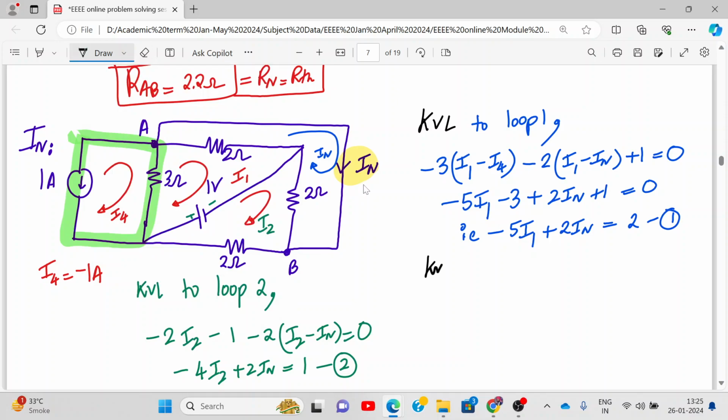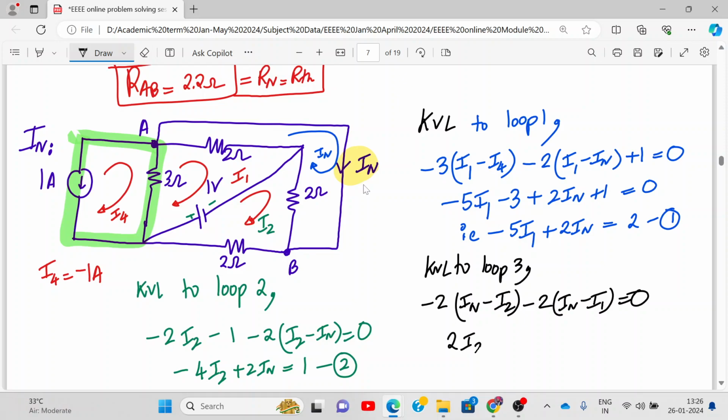And then KVL to loop number 3 will give minus 2 IN minus I2 minus 2 (IN minus I1) is equal to 0. So it will be plus 2 I2 plus 2 I1 minus 4 IN is equal to 0, right? So here are the three equations.